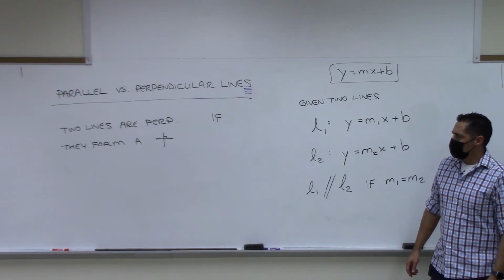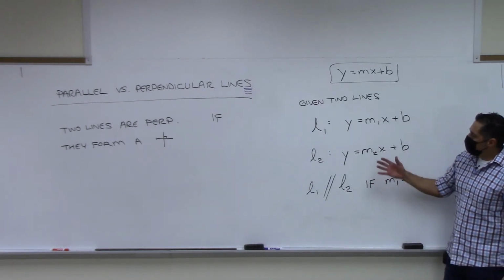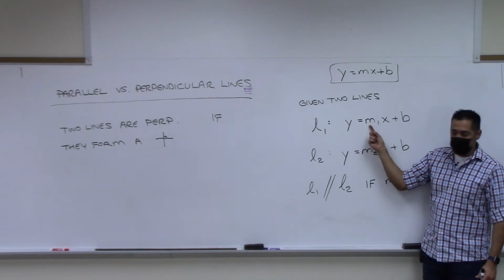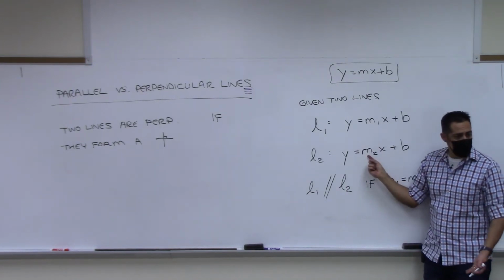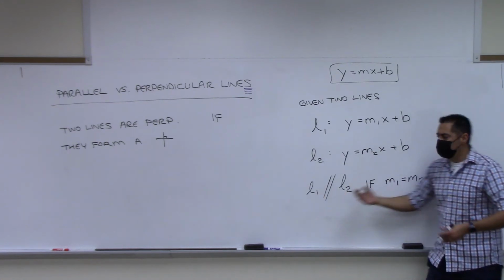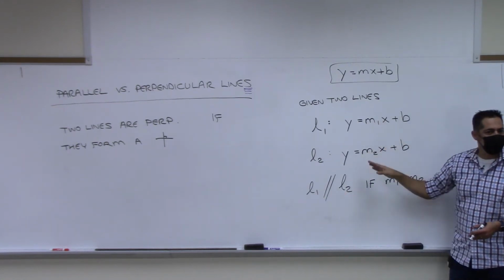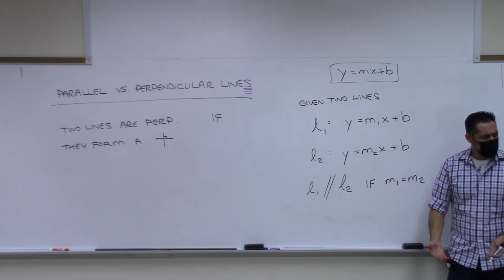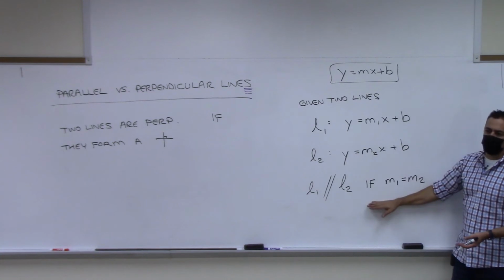Now, if I give you two lines, one of them has a slope of M1 and the other has a slope of M2, we already said that if those two are the same, we've got parallel. What do you think the relationship is between those if they're perpendicular? If they're the same numbers, they're parallel lines.